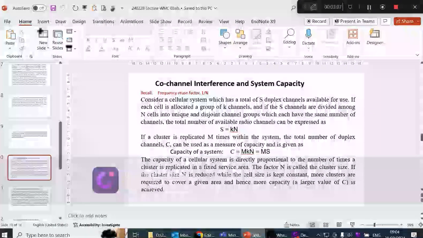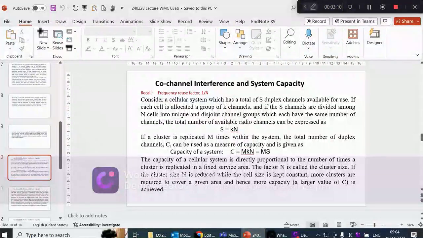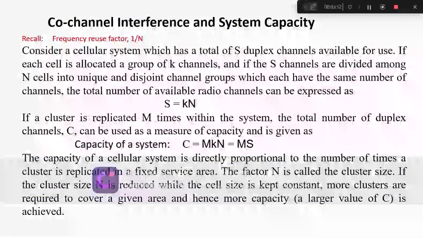So let's start with slide number 10 of lecture 03AB of wireless and mobile communication, and the topic is co-channel interference and system capacity. First, the frequency reuse factor, 1 over N. Consider a cellular system which has a total of S duplex channels available for use.